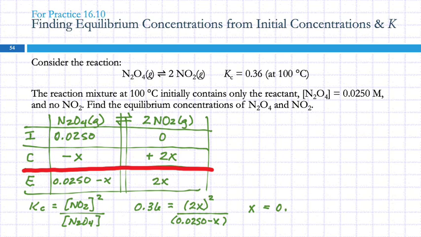X equals 0.02038. Any questions on how we got X? Is your calculator giving you the same answer? Because sometimes I do it wrong.